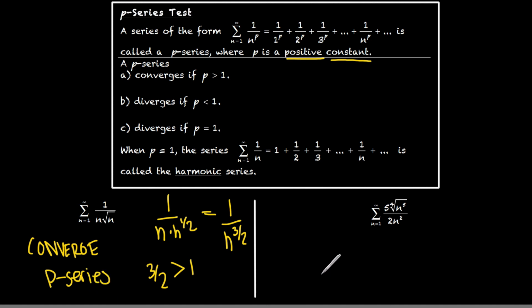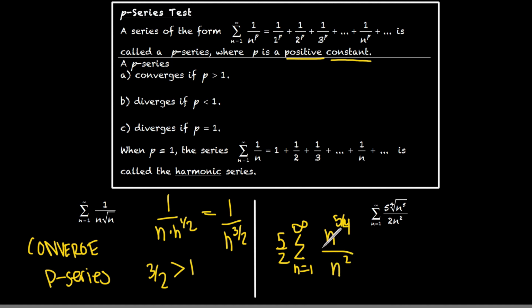All right, this is one of the easiest ones that you will have to do. Here we're going to take the 5/2 in front of the summation, so that way it won't get in our way. So we have the sum from 1 to infinity. And then we remember that anytime you have a radical, it's going to be the inside power divided by the outside power. So this is going to be n to the 5/4, and on the bottom, you have n squared.